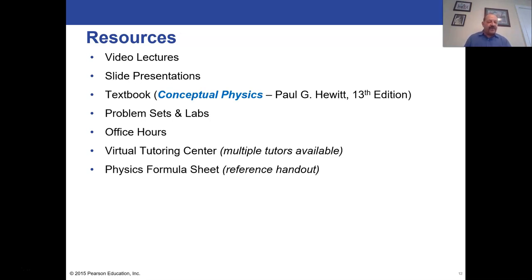I gave you the formula sheet, a multi-page sheet that has a lot of formulas broken down by units, as well as tables of units and tables of properties, and even a couple of specific constants that you might need in the formulas. For the most part, the formula sheet will be sufficient for your needs.